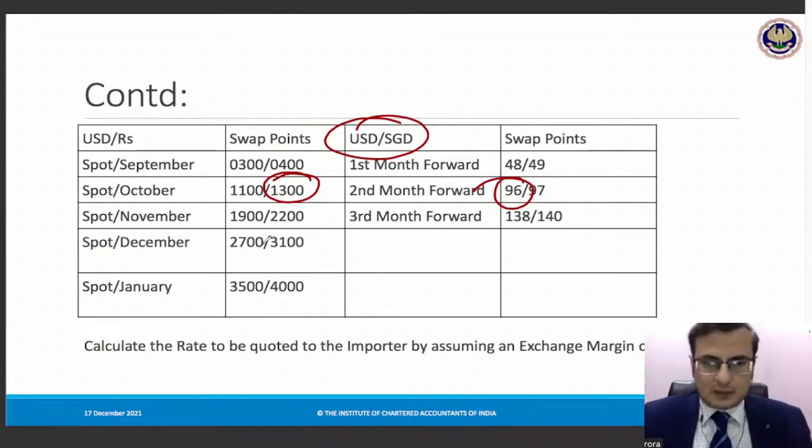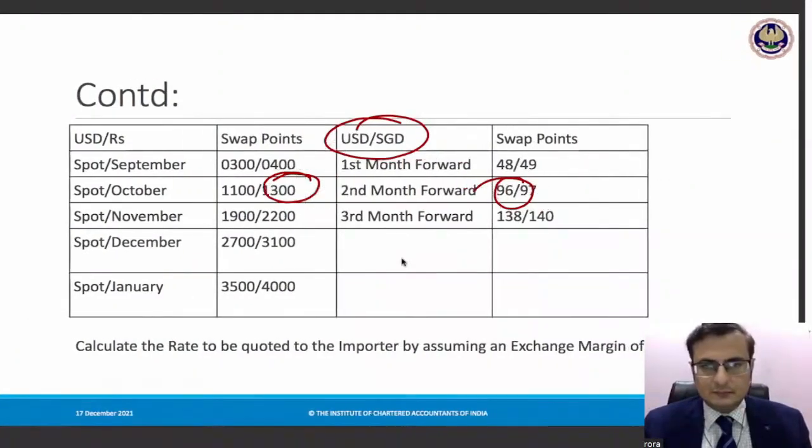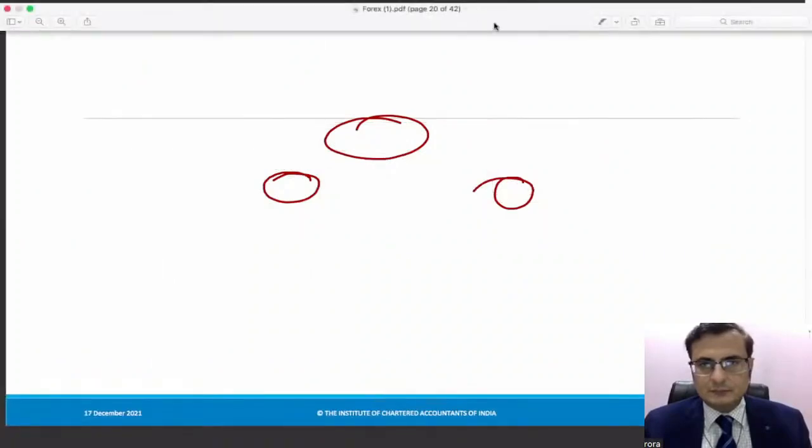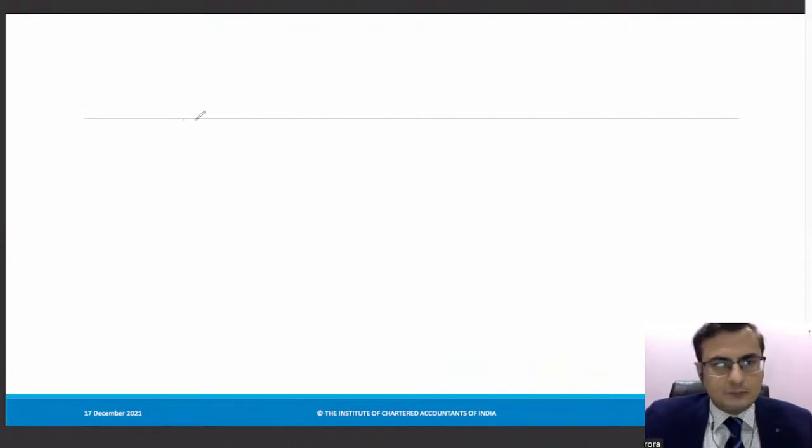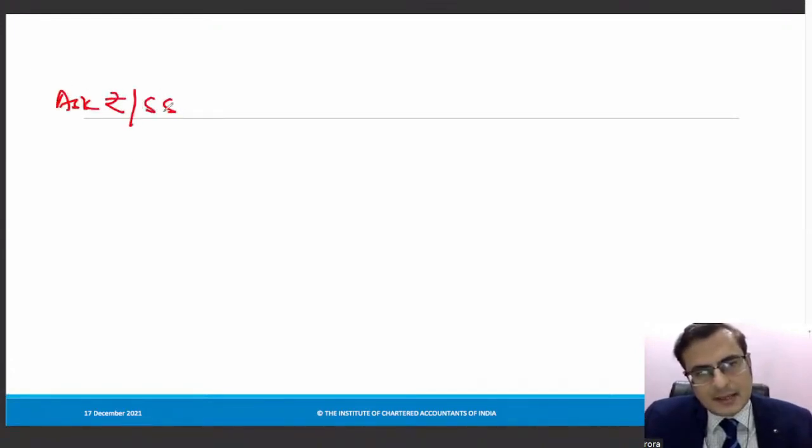So let me do that completely over here. Okay. So we have taken ask rupee by Singapore dollars, because the base currency is Singapore dollar.